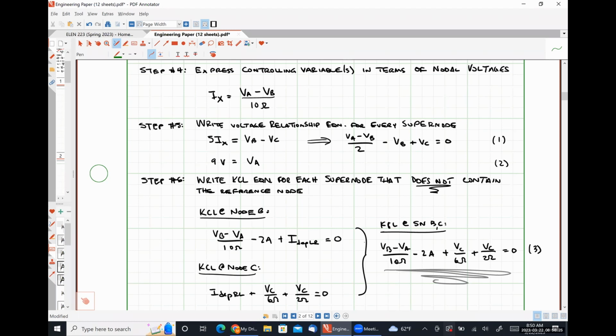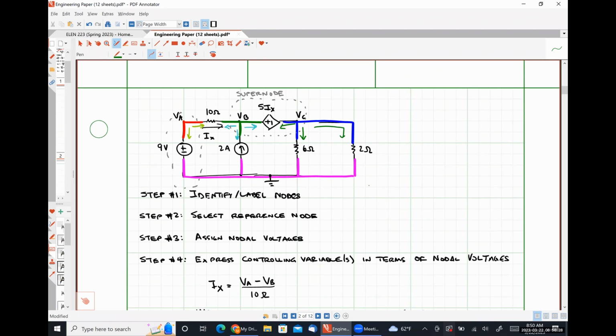we're adding them because we want the currents leaving that supernode. So instead of saying, like when we're writing our KCL equations, in every other case where we don't have a voltage source, we're saying the current leaving this one node is equal to 0. Now we're saying the current leaving this combination of nodes is equal to 0.